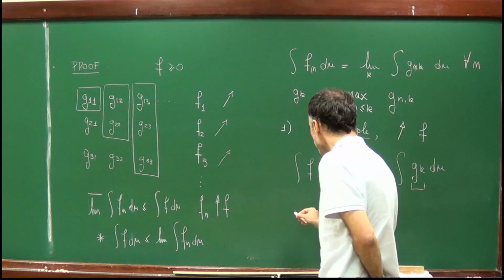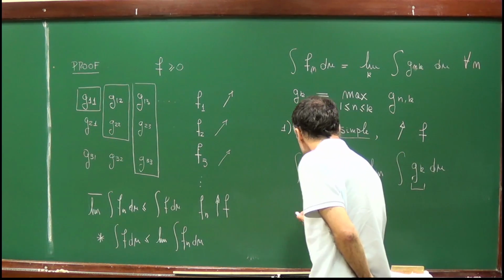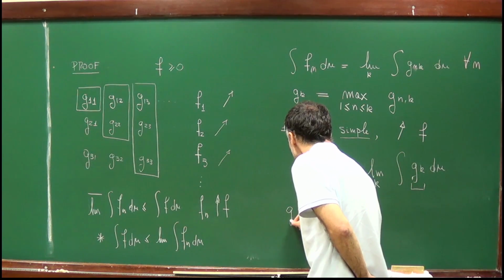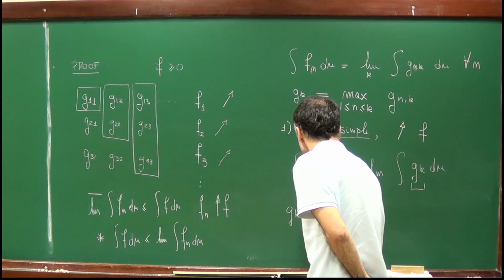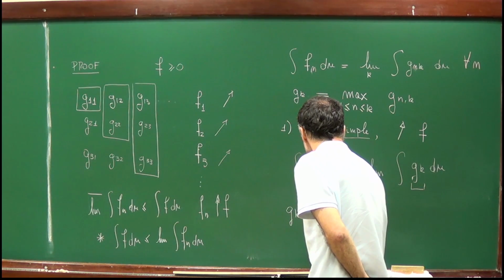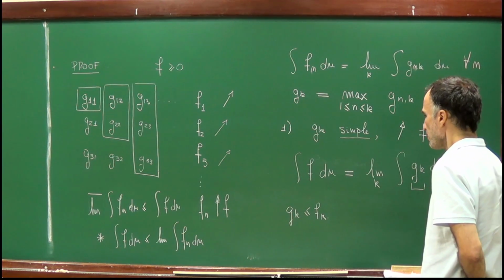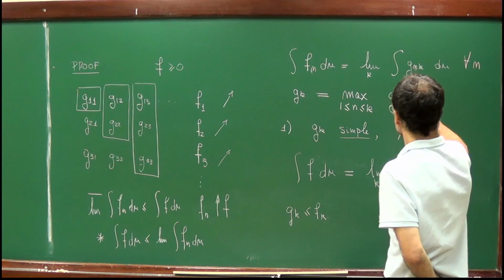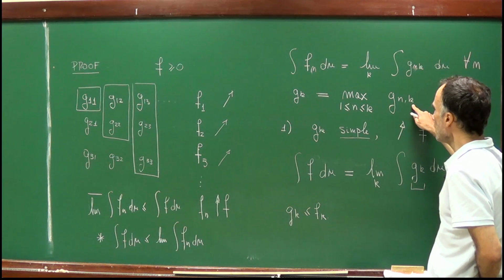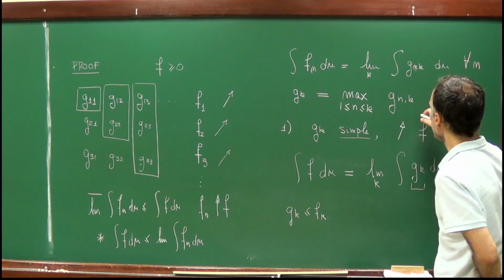But remember that we proved here, I just erased, that g_k was less than or equal to f_k, right? This comes from the definition of g_k.